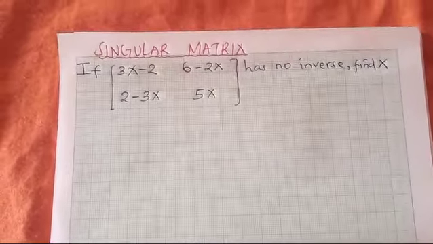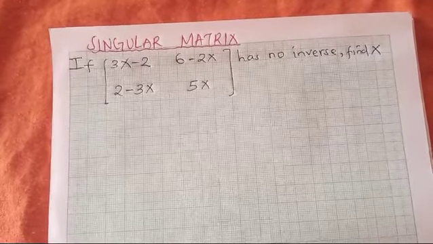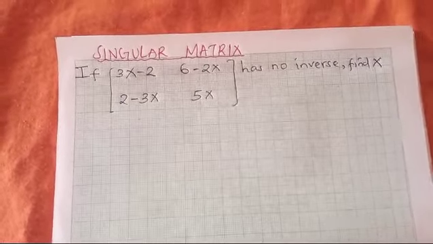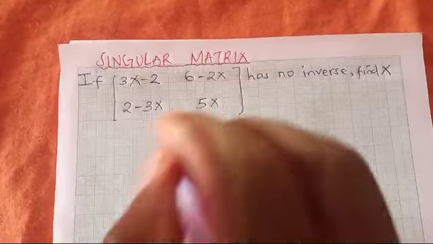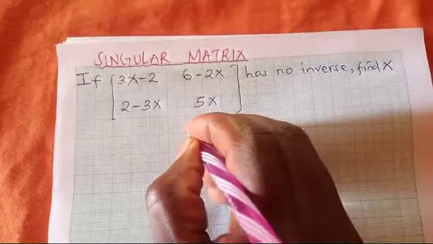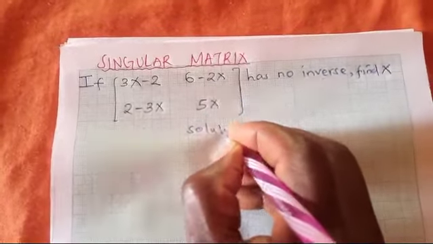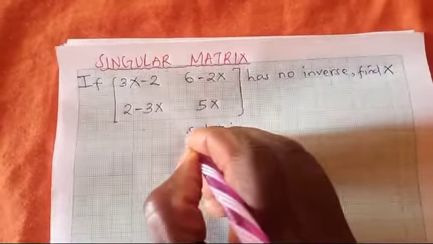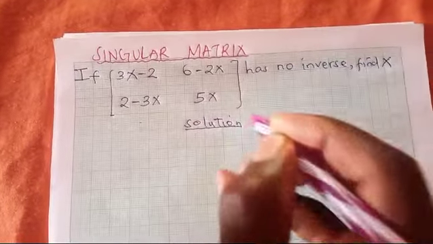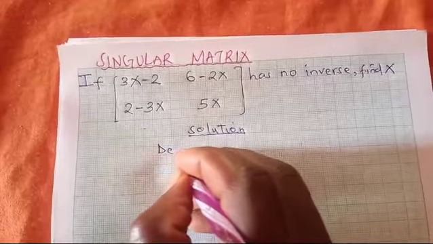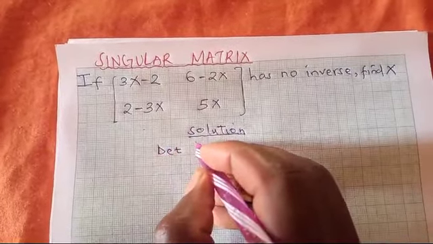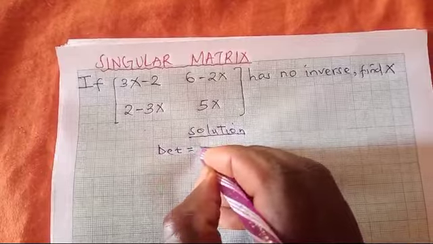Now, when a singular matrix is mentioned, there are a few details that one must have about it. Under solution, I want us to have this information. Anytime a singular matrix is mentioned, we need to know that the determinant for this matrix is in fact 0.